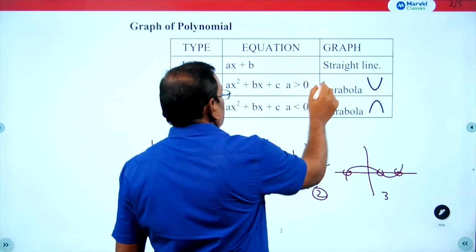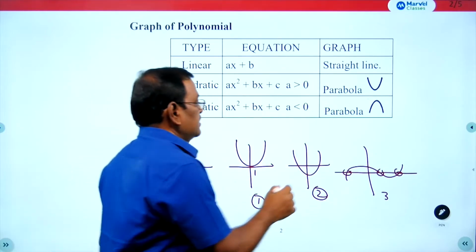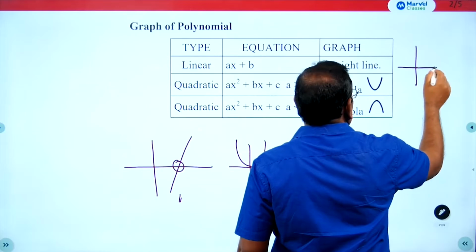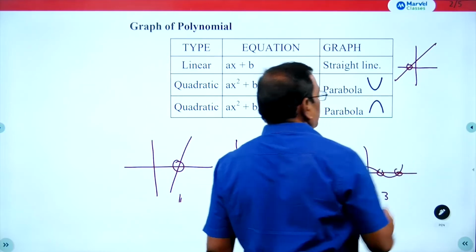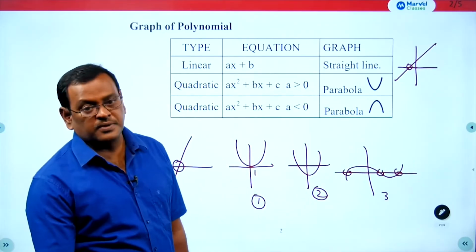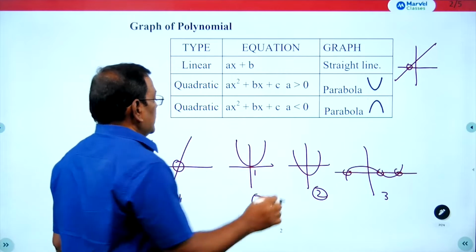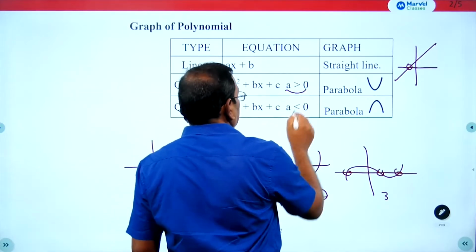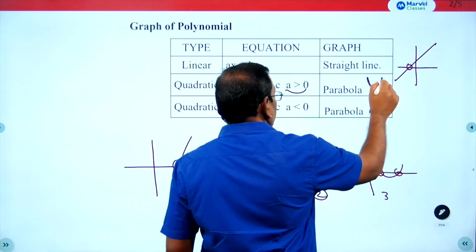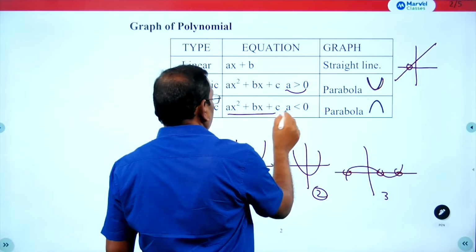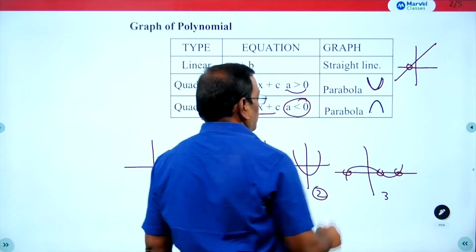A linear polynomial's graph is a straight line, and it intersects at one point, only with respect to the x axis, not the y axis. For a quadratic polynomial, when the coefficient of x square is greater than 0, the parabola opens up, and when the coefficient is less than 0, the parabola opens down.